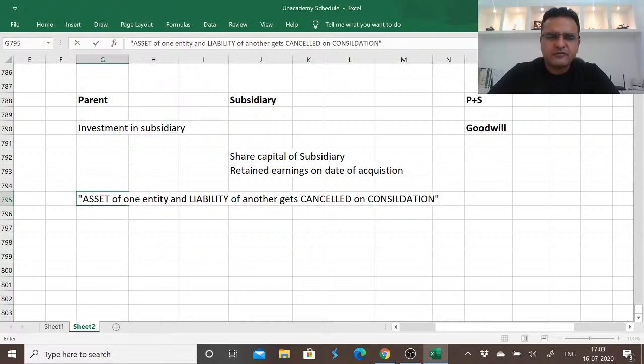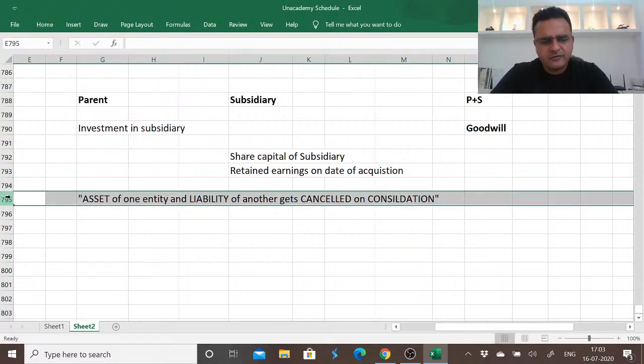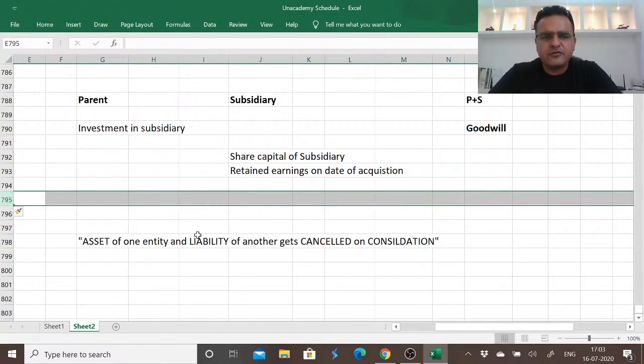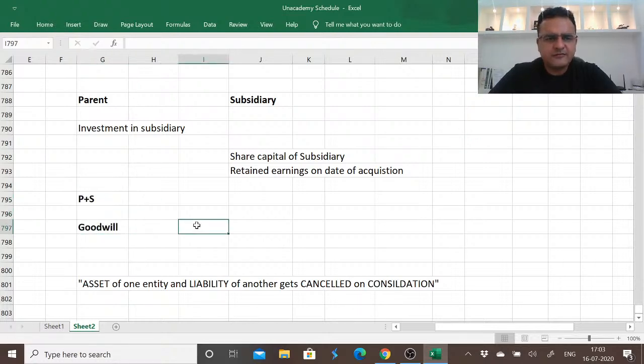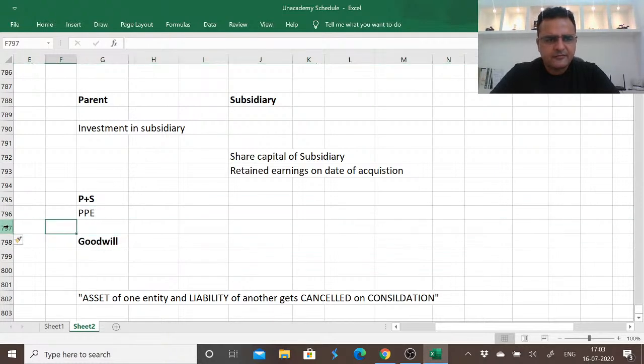Because of this, many learners of IFRS are confused. When presenting the consolidated result P plus S, we present goodwill like normal property, plant and equipment or intangible assets.